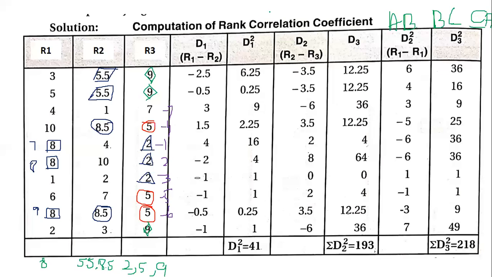So what is the first thing that you will have to find is the difference in the ranks. So here if you see for A and B, that is R1 minus R2. If you subtract these two, you will be getting all of these values here. So that will be your D1. And then when you square the D1, you will get D1 square to be 41.